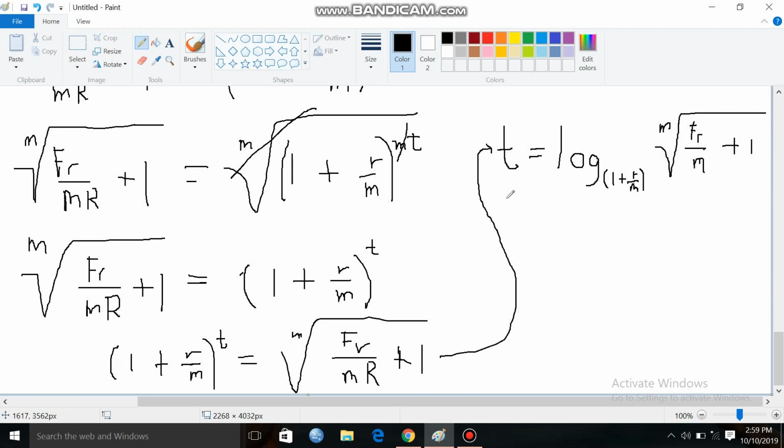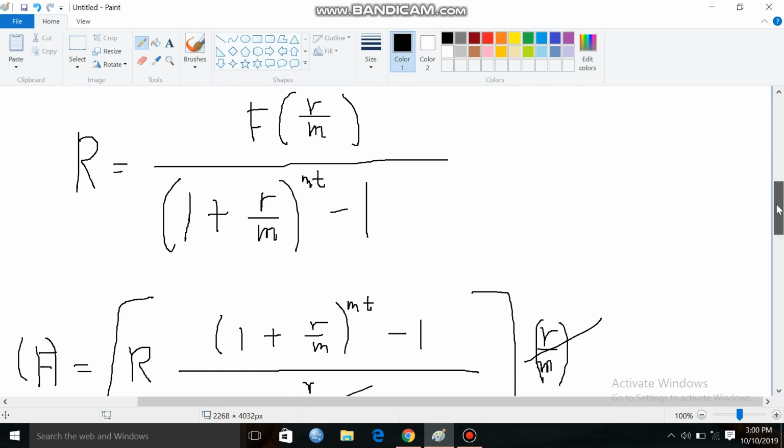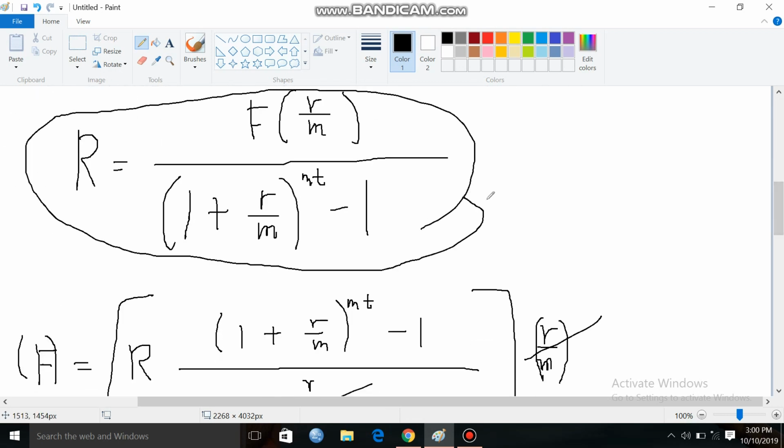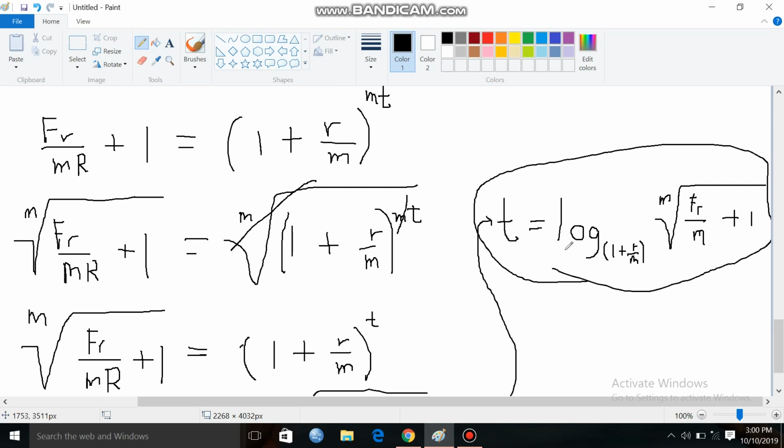So that's it. This is how you transform the formula for the future value of an ordinary annuity into the formula for the regular payment, and also the formula for the time, which is t equals the logarithm of the nth root of Fr over mR plus 1 to the base 1 plus r over m.